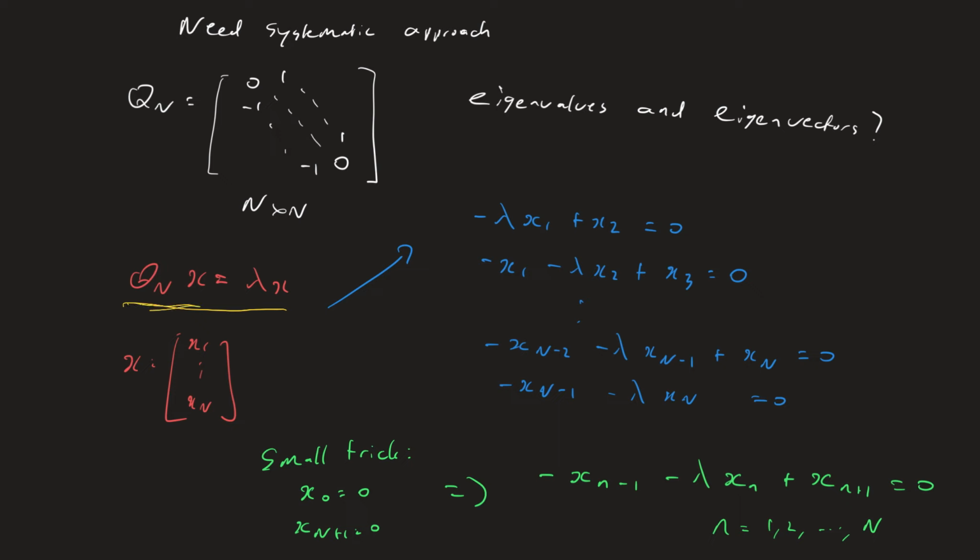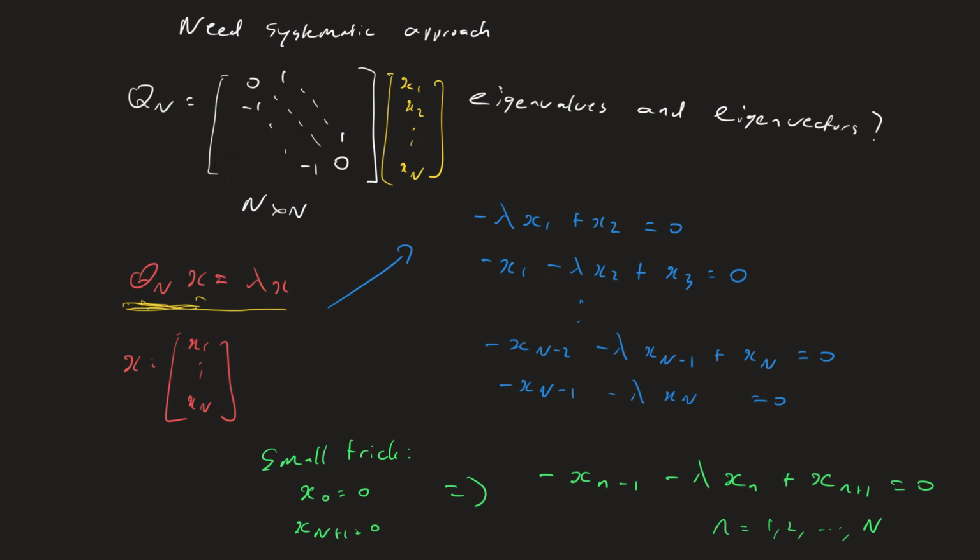On the left-hand side, we have Qn times the vector x. If I write the vector x here, x1, x2 down to xn, then when we form this product, Qn times x, we have 0 times x1 plus 1 times x2 plus zeros times all the rest of the x's. So we just get an x2 term corresponding to this term here.